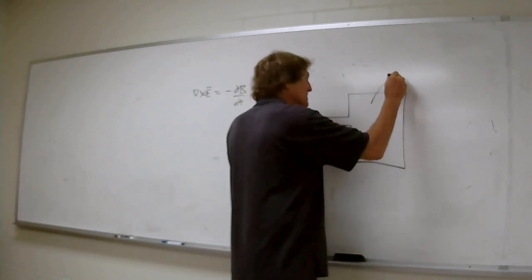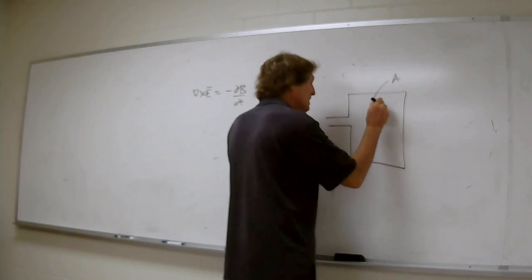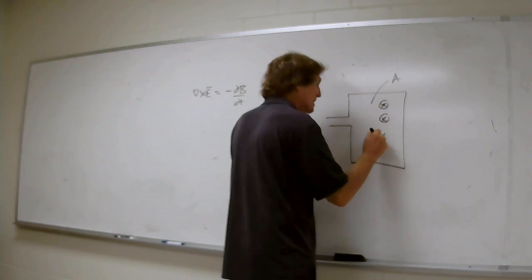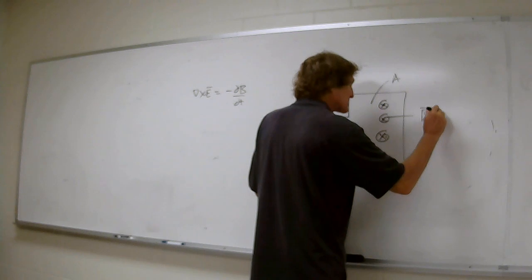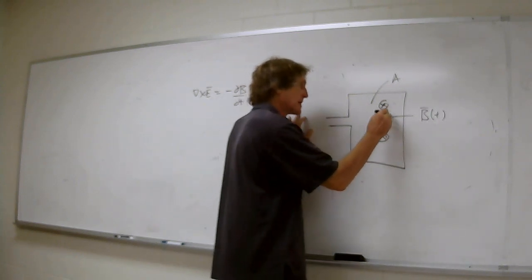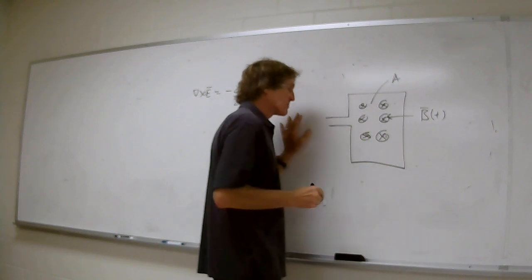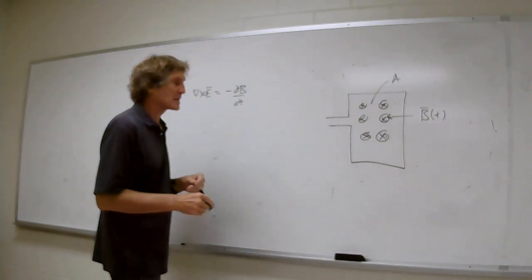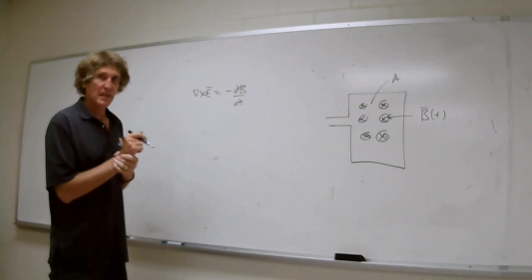This is going to have a surface area of A. And I'm going to assume that a B field is going into the board everywhere here. I have some B field into the board, it's a function of time, but it's not going to be spatially varied. I'm just trying to show you that it's into the board here, and I'm trying not to give you too much information that will distract you from the simple points.